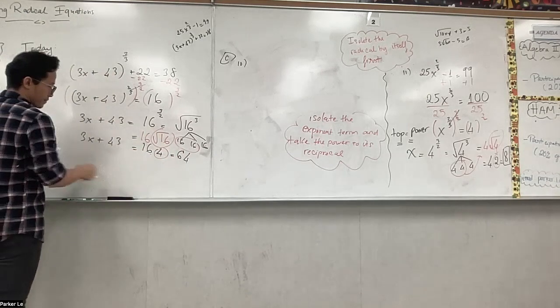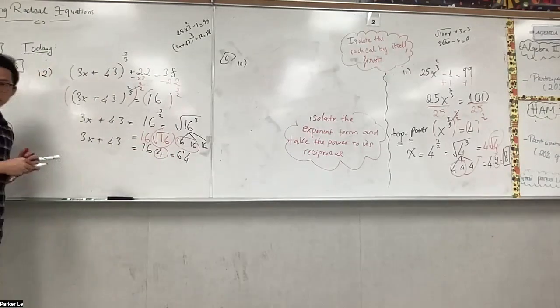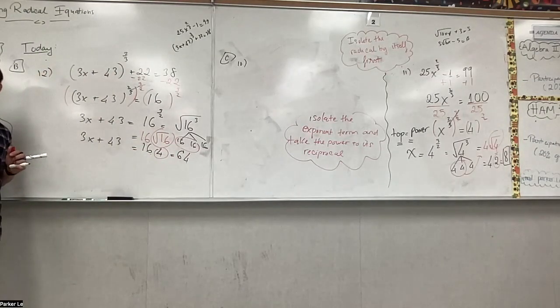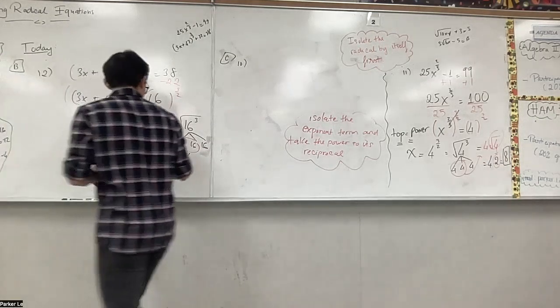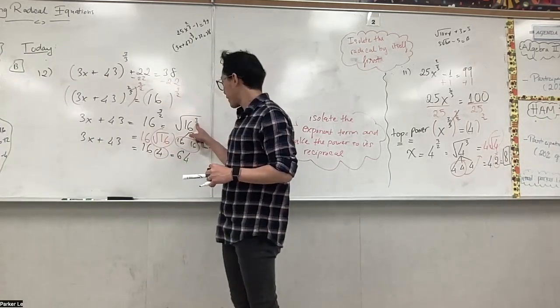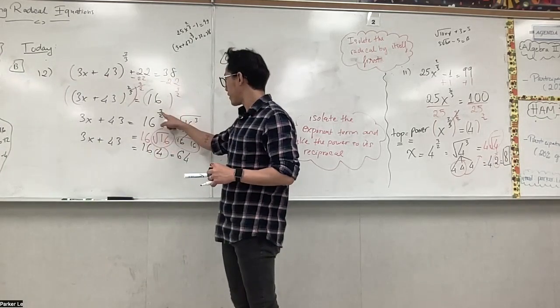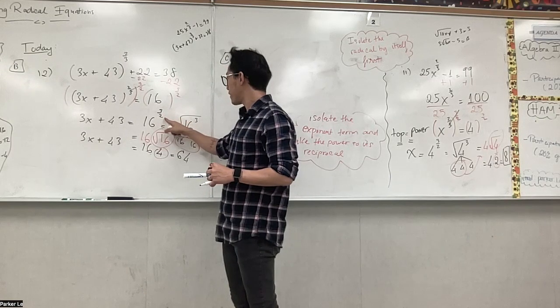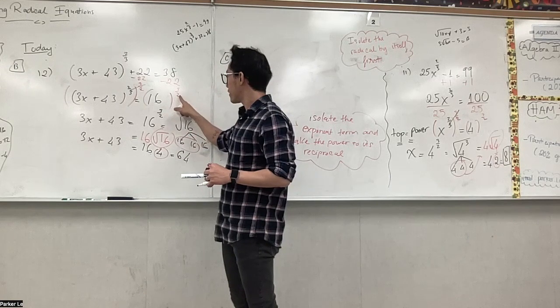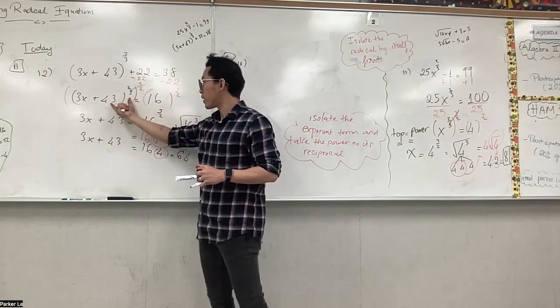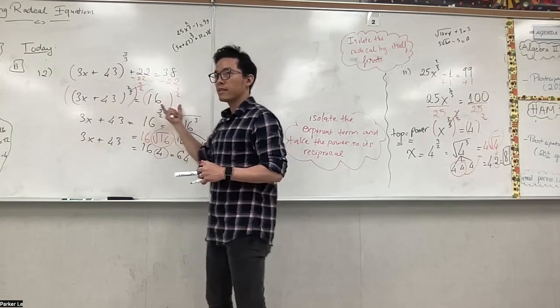Okay. What next? You have to get rid of 43. Question? Exponent to the other side? What do you mean? This one? Oh, whatever you do to one side, you need to do to the other side.